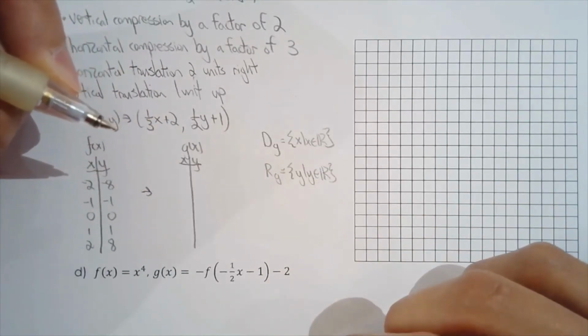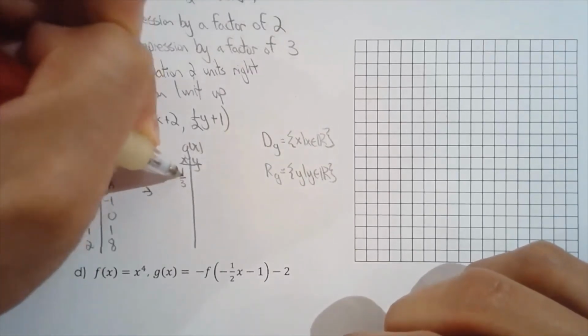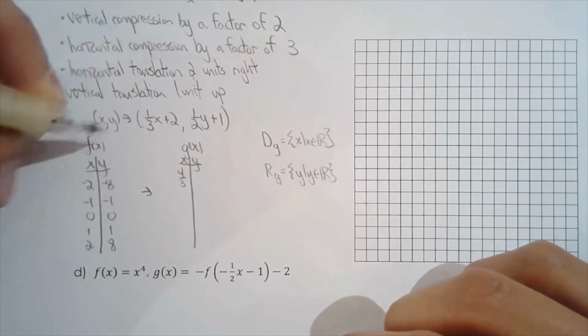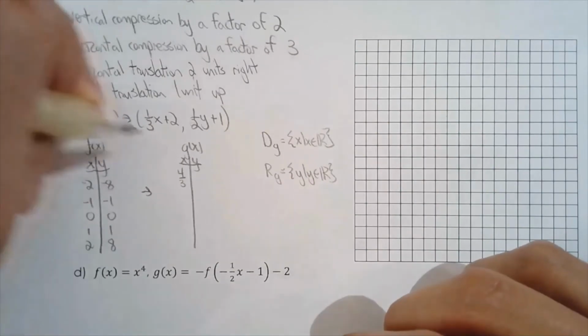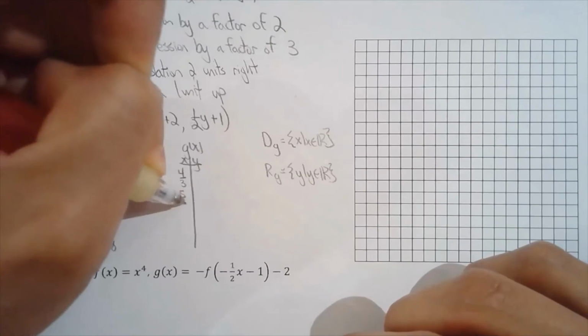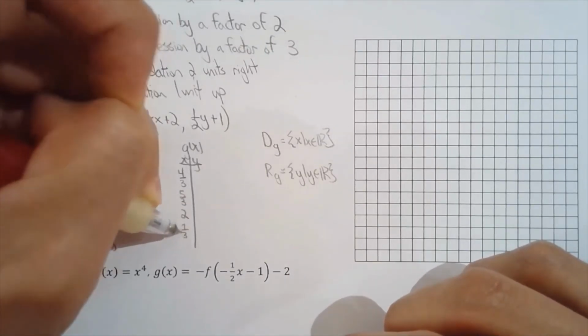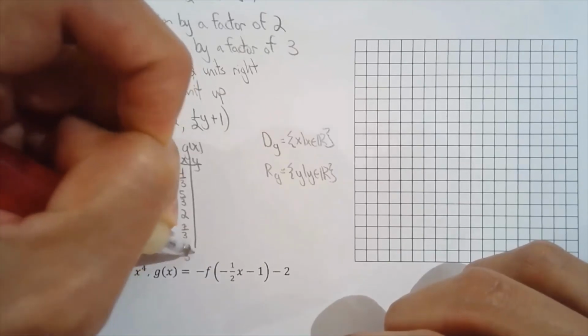Let's double check. Yep, 4/3. And then you're just going up by a third. So it's going to be 5/3 and 2, and then 7/3 and then 8/3.